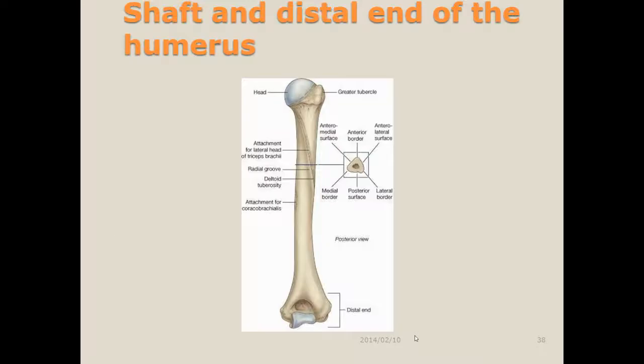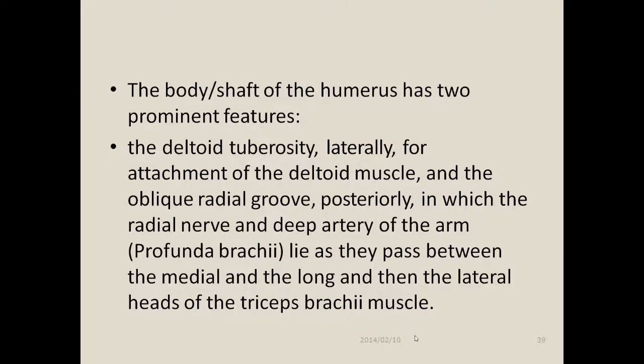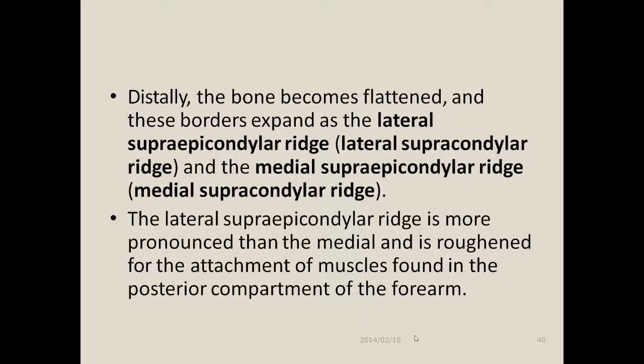Now we'll see the shaft and the distal end of the humerus. The shaft of the humerus has two prominent features: a deltoid tuberosity laterally for attachment of the deltoid muscle, and the oblique radial groove posteriorly, in which the radial nerve and deep artery of the arm lie as they pass between the medial and the long and then the lateral heads of the triceps brachii muscle.